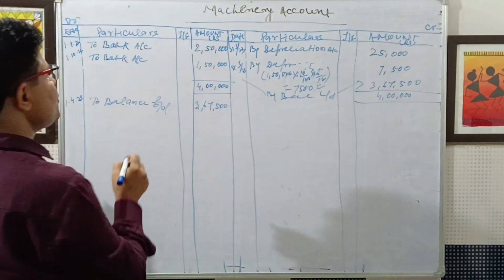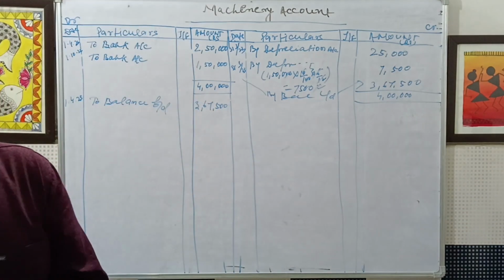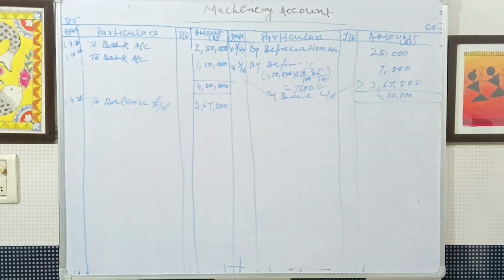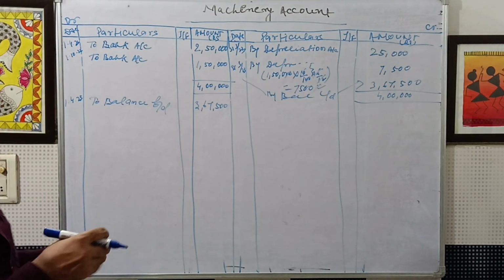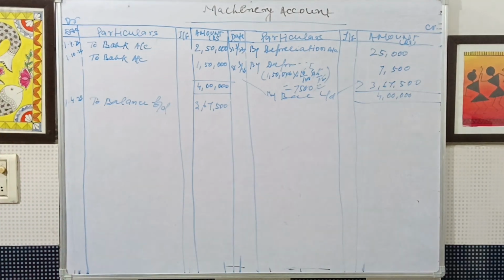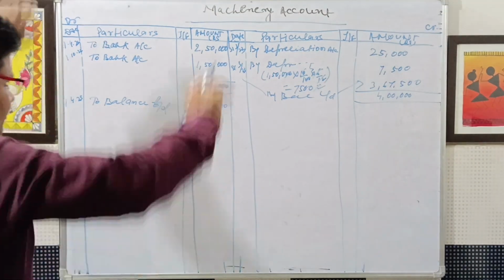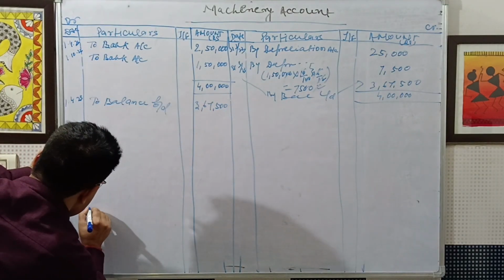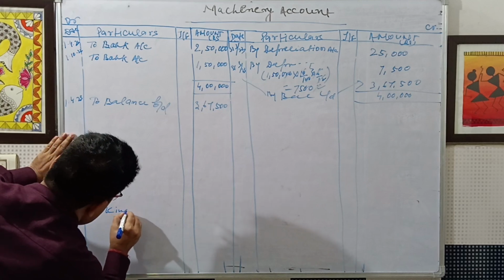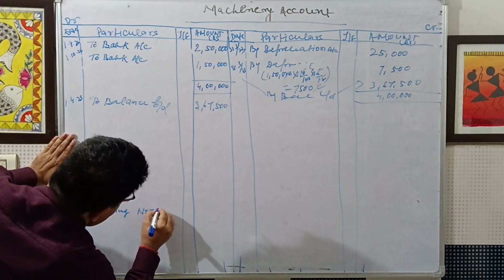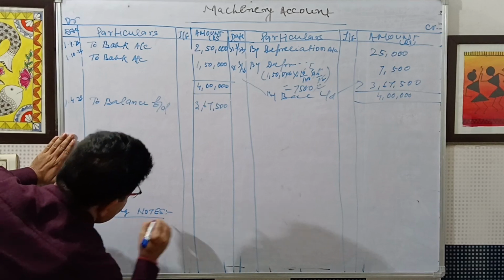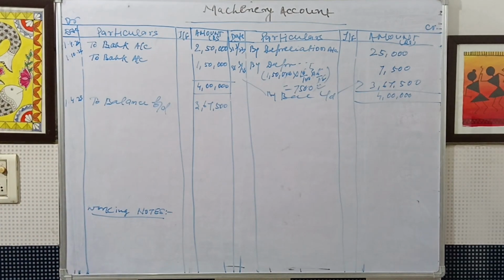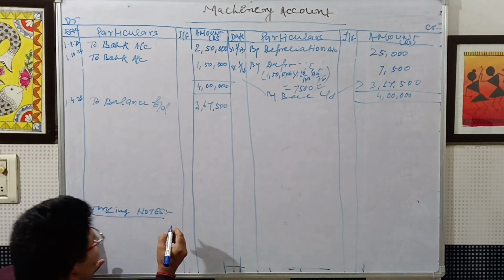And in this year also the depreciation charge is 10%, but because the method has been changed and the method charged here is the diminishing balance method, we make a working note like that, working notes of the first machine.